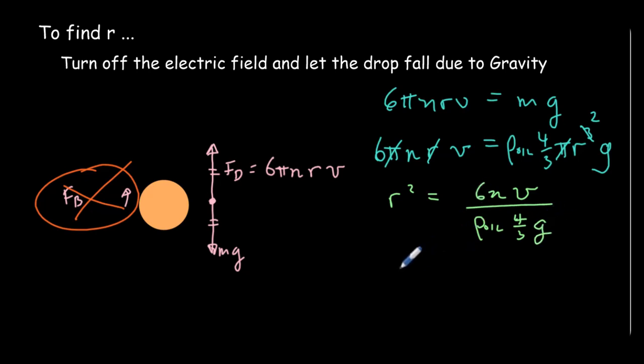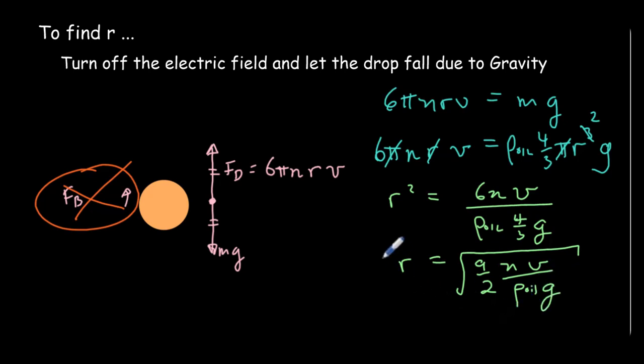And then we can take the square root of that, and we'll get that the radius itself will be equal to the square root of 9/2 eta v divided by the density of the oil times the acceleration due to gravity.